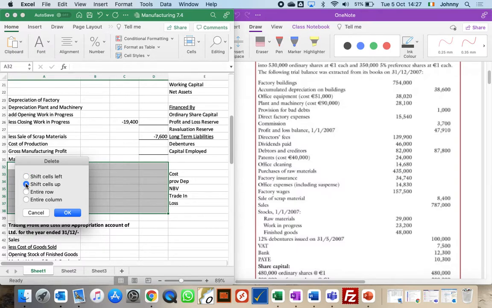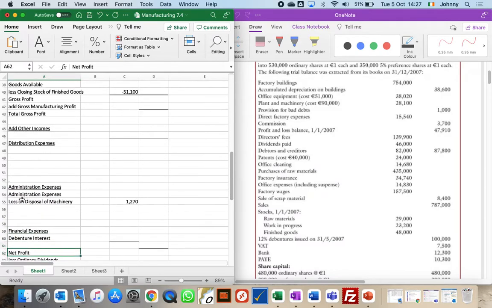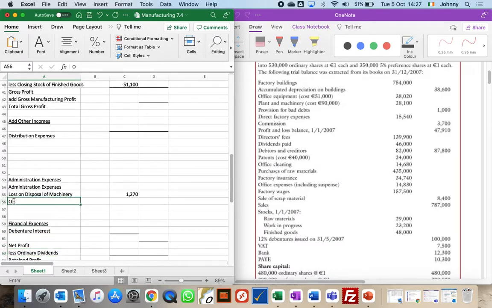Shift those up. Okay, so the office expenses would have been listed down here in my administration expenses. So office expenses at the moment is 14,830. Now, I have to put my suspense in there. I put a debit in my creditors, which means I need to put a credit in the suspense, a credit in office expenses.